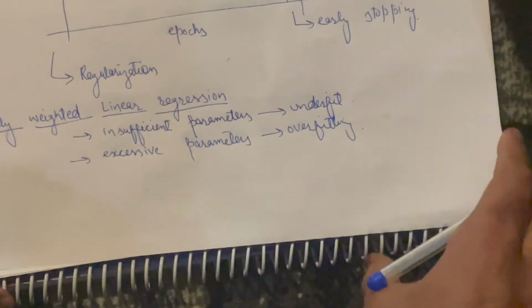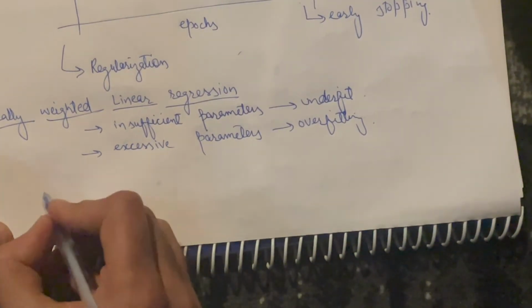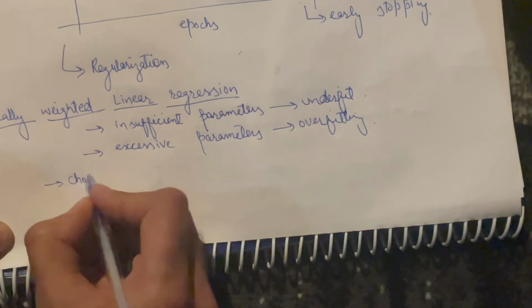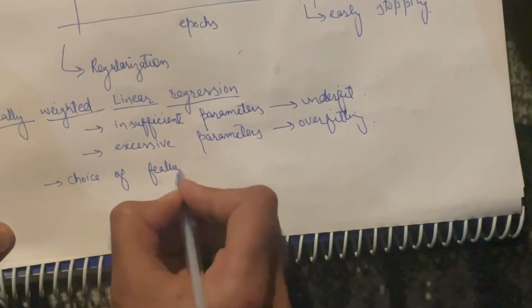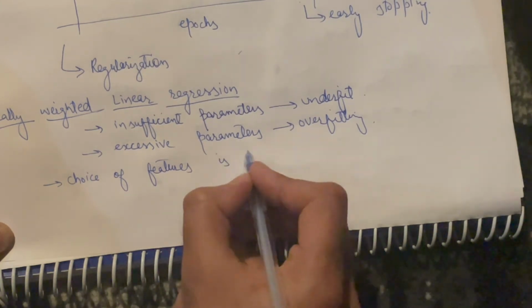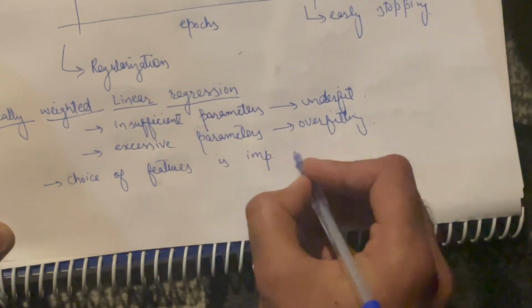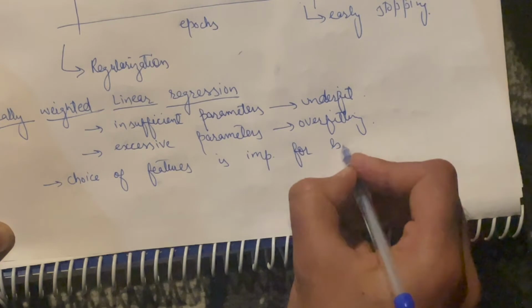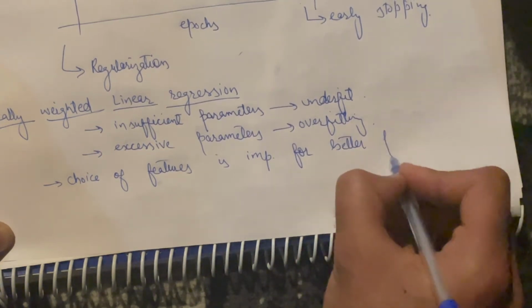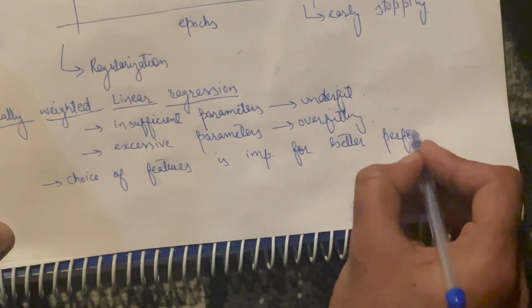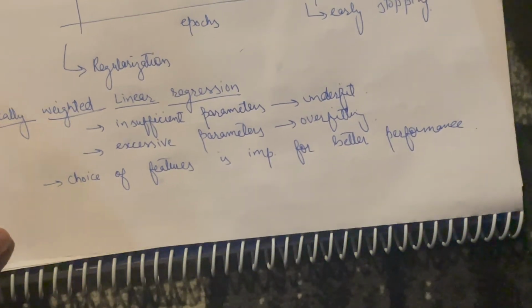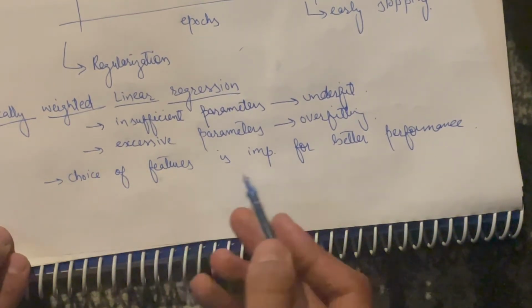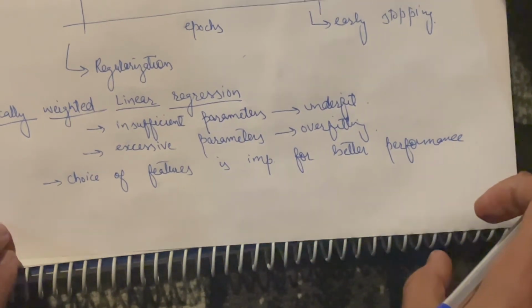So we can see from these two that the choice of parameters or choice of features is important for better performance.